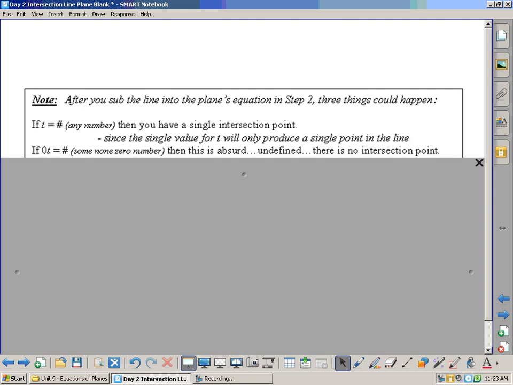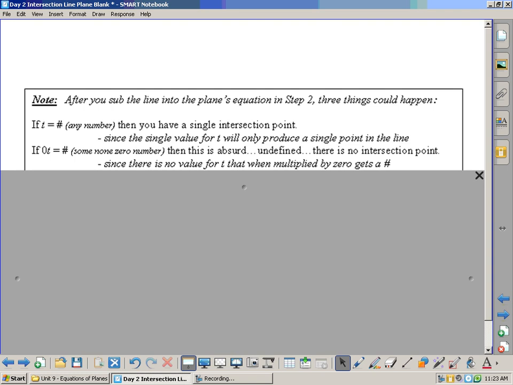So if you end up with 0t equals 14 or -6 or anything, that's absurd and undefined, which means it was impossible to find a value for t to satisfy that substitution, to make it allowed that the line actually hits the plane, which means it didn't happen in the first place. And so since there's no value for t, and multiplied by 0 gets a number, then this is impossible.